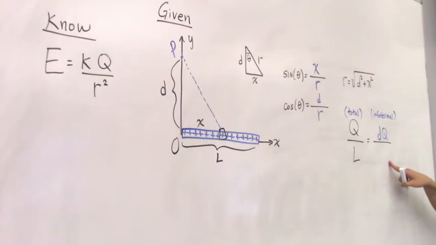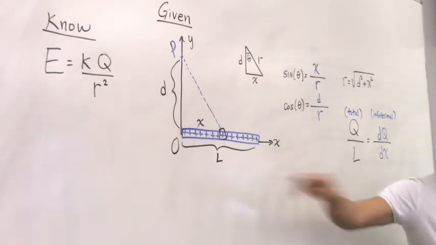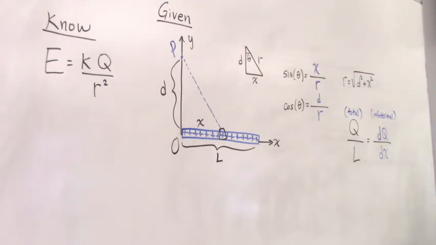Infinitesimal length is dx. Yes, I can say dl, but I'm going to say dx because x is the variable that I'm using. And L is a number, the limit of integration. And it's just labeling. You can call it L if you want. Okay, so now that we have this, that's our piece of information that we'll need.